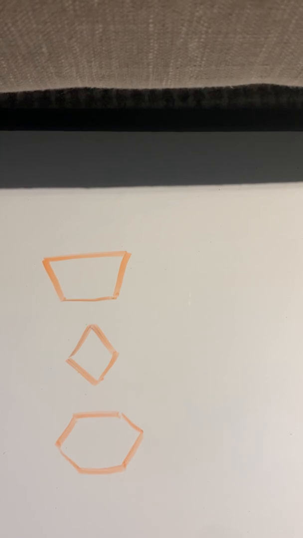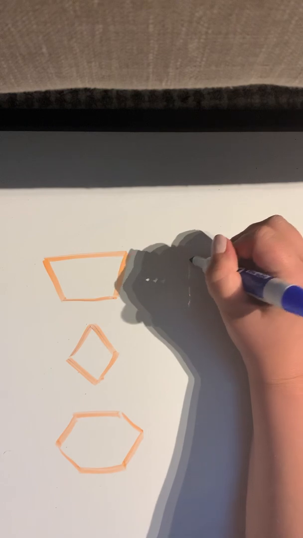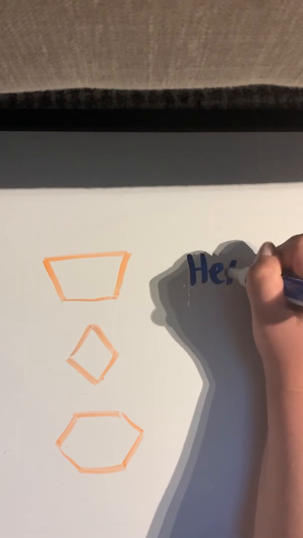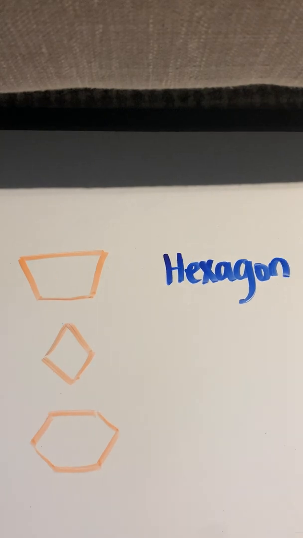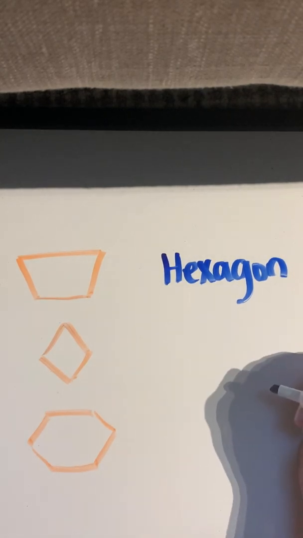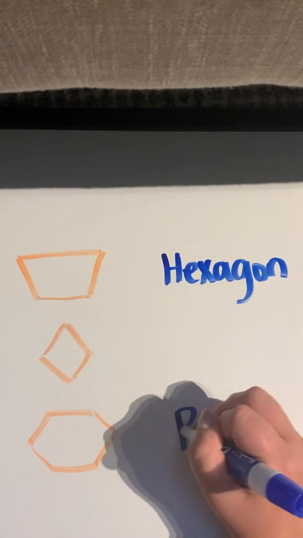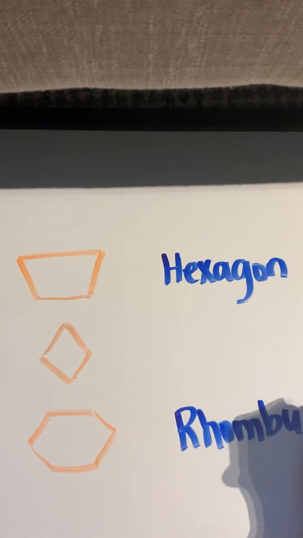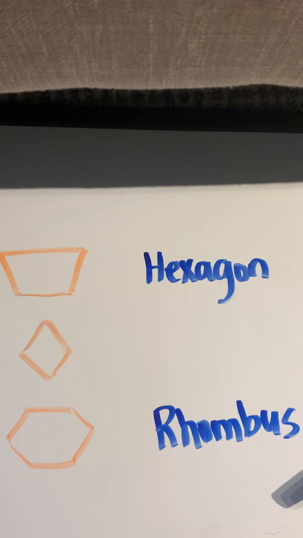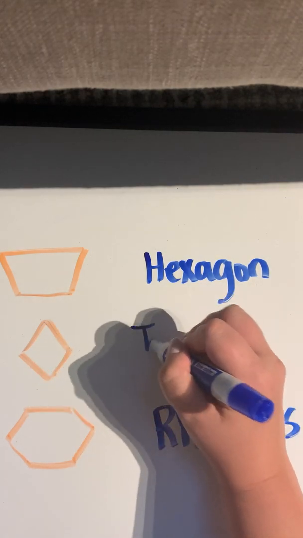And I'm going to see if you guys can help me connect the right one. So here I'll write the name of a shape. I'll write the name of a hexagon. Hexagon. Okay, let's see. I'll do rhombus. Everybody say rhombus. Good. Rhombus. All right, and then let's also do a trapezoid.